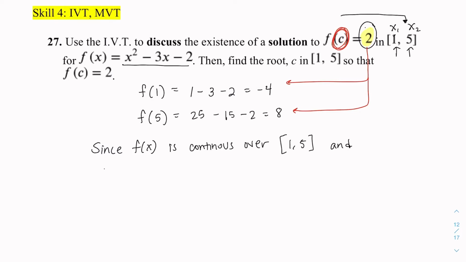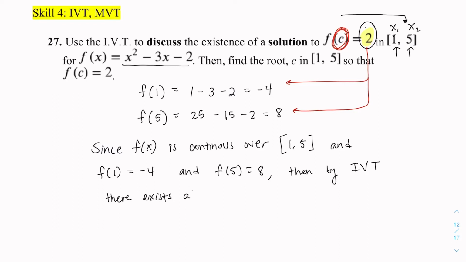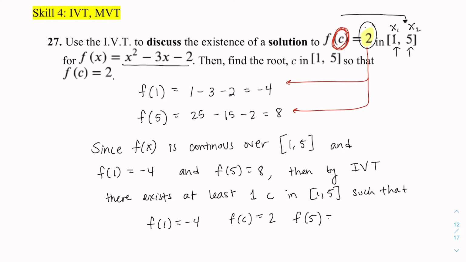And since f of 1 equals negative 4 and f of 5 equals 8, then by IVT, by the intermediate value theorem, there exists at least, so this is the key wording, at least one c in the closed interval from 1 to 5, such that, and this is where we're going to sandwich, say f of 1 equals negative 4. Then we write f of c equals 2, we know it's going to be in between, and then we finish with f of 5 equals 8.